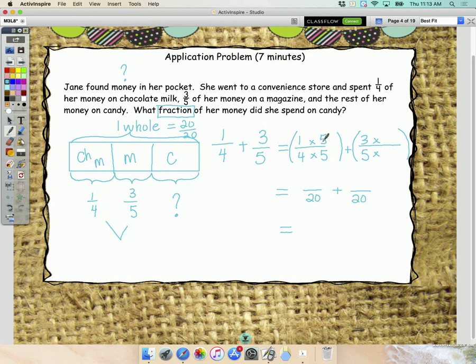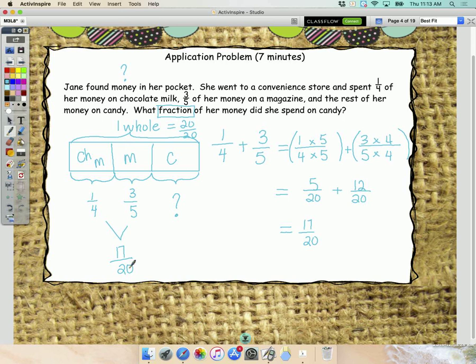No. And Isai, 5 times something equals 20. 4. Good. So I've got 5 and 4. So the answer to these two added together is 17/20ths.